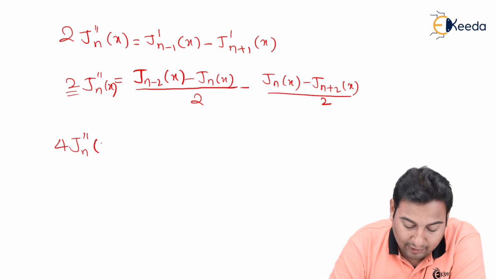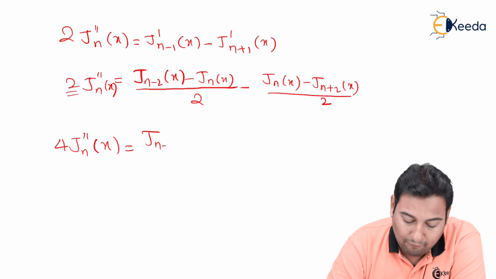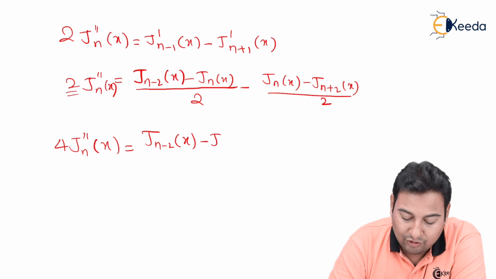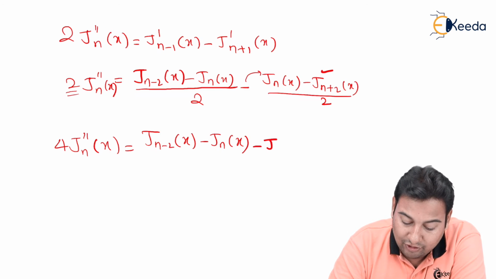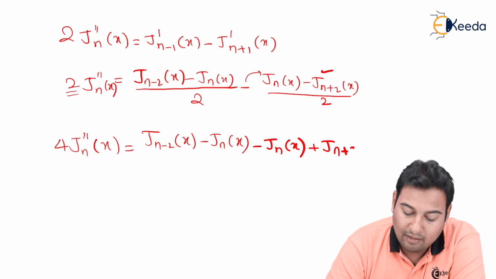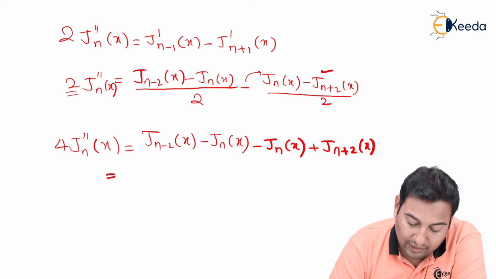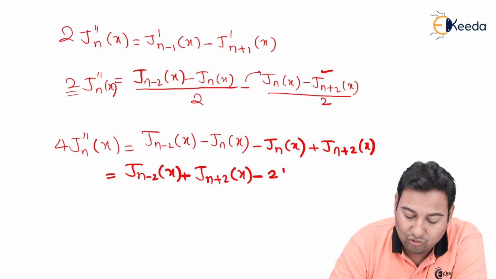J double dash nx equals J of n minus 2 x minus J nx. If you open, this will become minus and the second term will become plus. So minus J nx plus J of n plus 2 x, which is equal to J of n minus 2 x plus J of n plus 2 x minus twice J nx. That's it. That's the required solution.